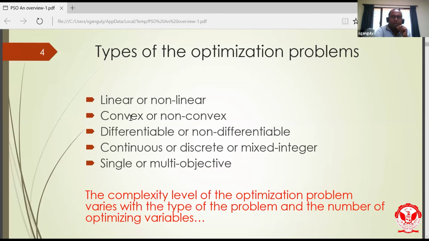So the complexity level varies with the type of the problem and the number of optimizing variables. If an optimization problem is non-linear, non-convex, non-differentiable, mixed integer, multi-objective, then this is an example of a very complex optimization problem.